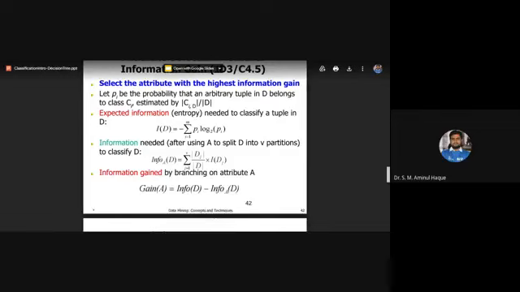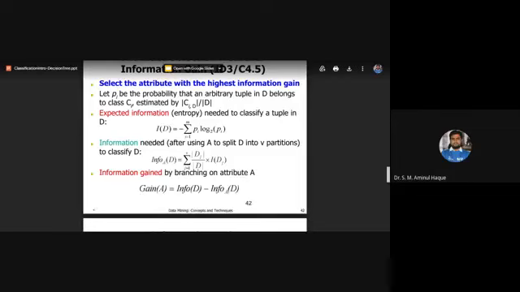So let's quickly see how we can determine information gain. To determine the information gain for all the attributes, we have a formula. The gain of a particular attribute A: if you want to calculate the gain of a particular attribute, the formula is Info(D) minus Info_A(D). Here D stands for the data set.